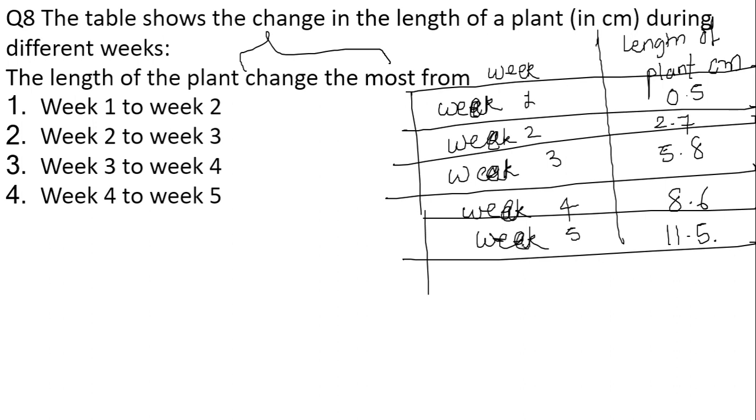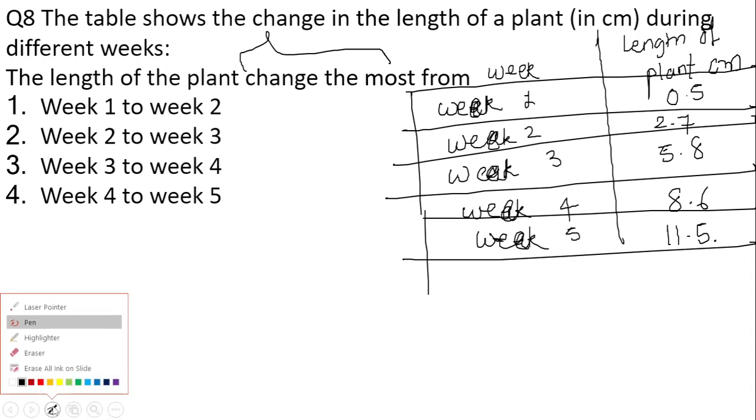So look here now, to calculate in which particular week the plant is having the maximum change, what you are going to do is simply take the difference. It means 2.7 minus 0.5, 5.8 minus 2.7, 8.6 minus 5.8, 11.5 minus 8.6.